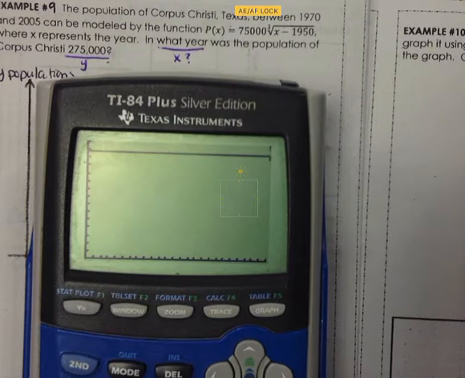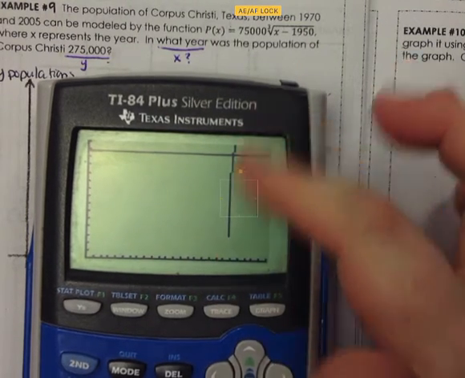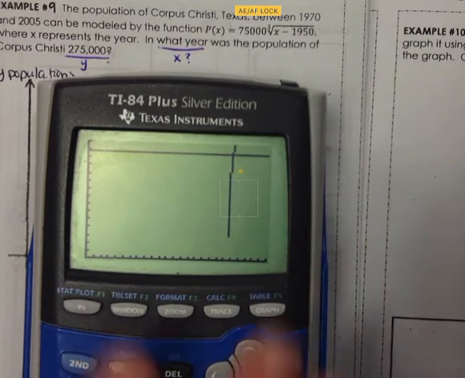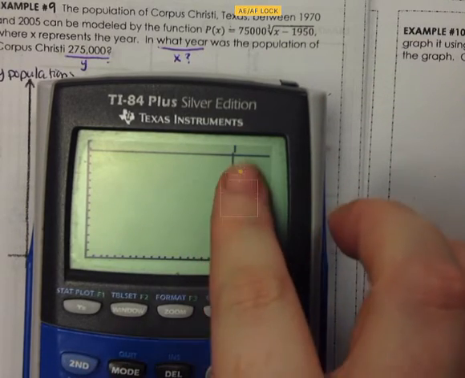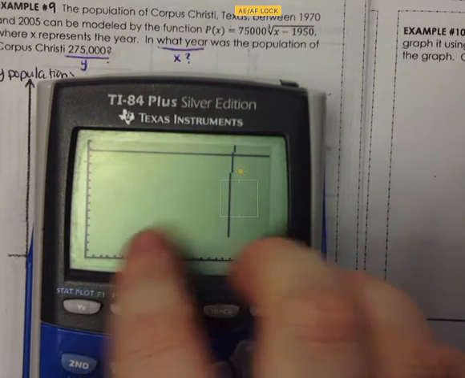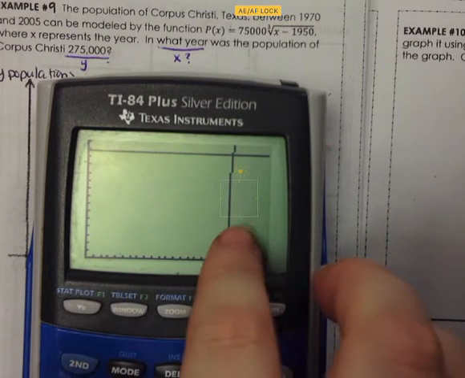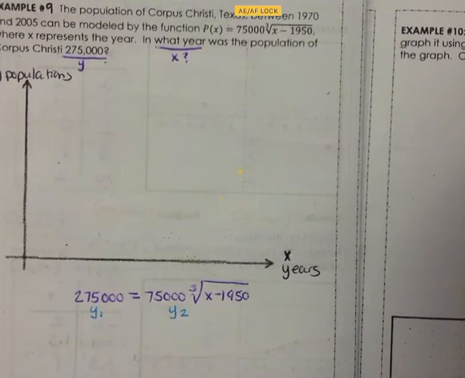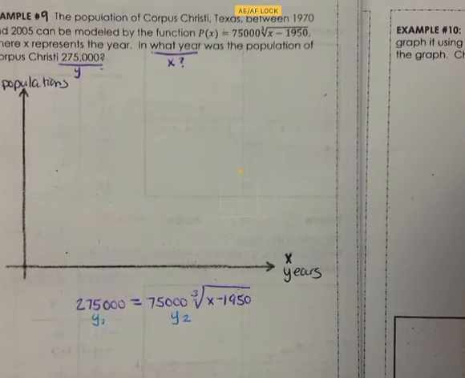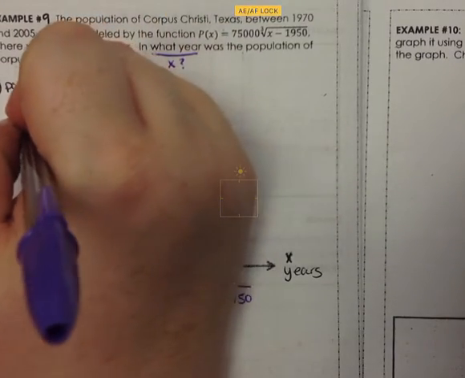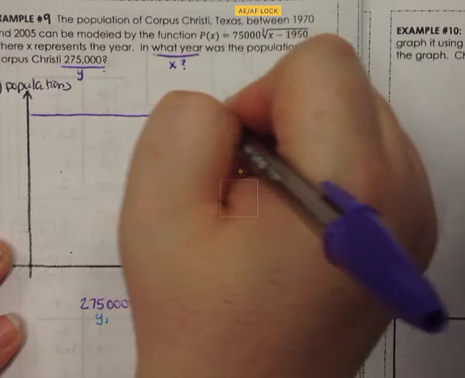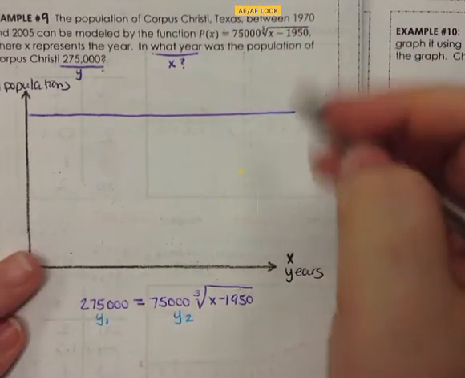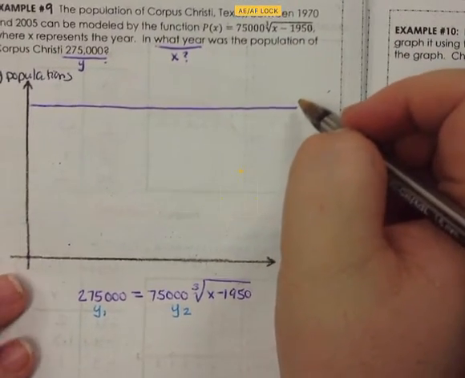There's the 275,000. And then there's that cube root part too. Now the thing about the cube root part is that you do know that the cube roots from the other videos will actually keep going this way. It's just being a little weird on that graph. So on here, we can somewhat graph that. We have that 275,000 comes right here.